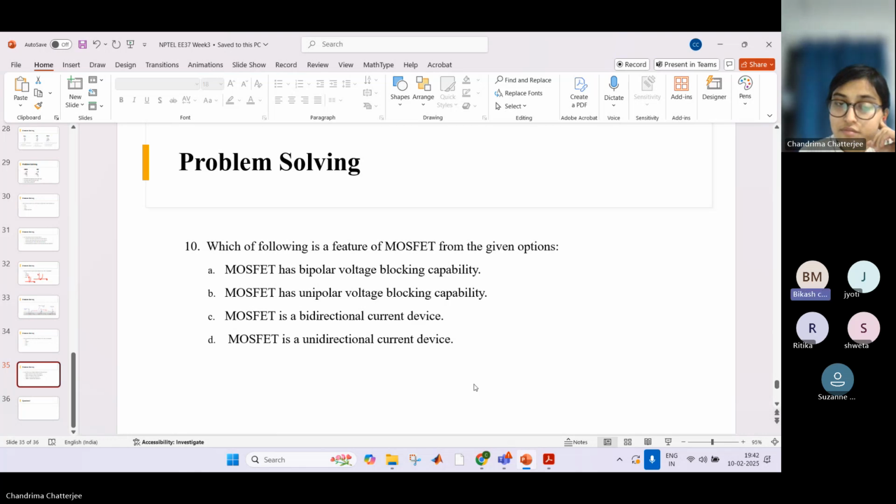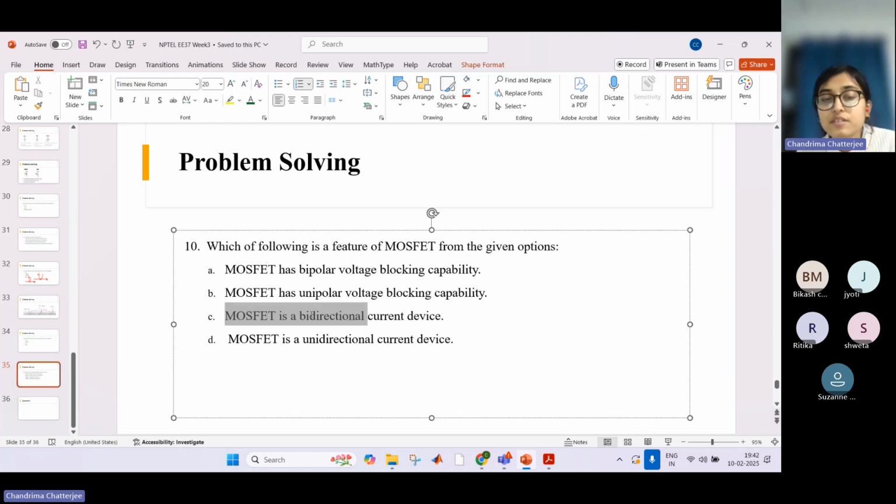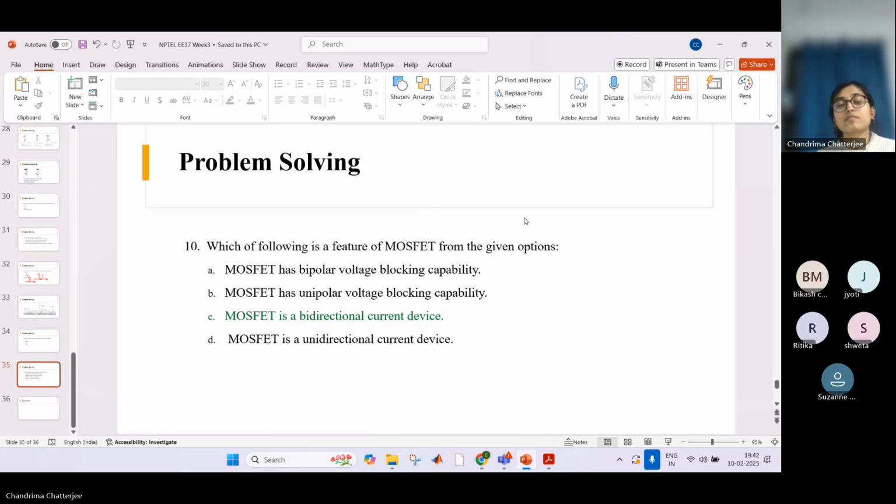Ma'am, option C. Yeah, because this is the bidirectional current device, right? So option C is definitely correct. And is there any other correct option? What about the voltage blocking capability?